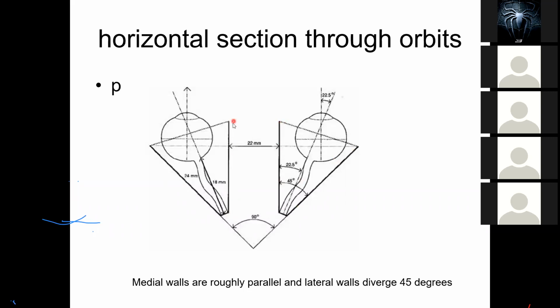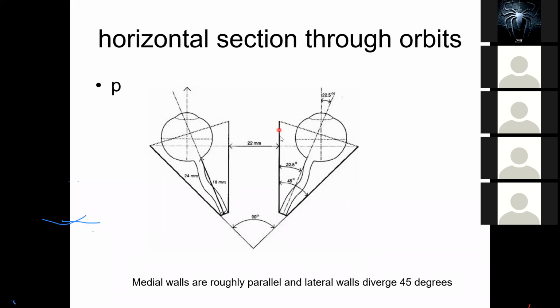Now you realize that the medial walls of the orbit are parallel. So this is one medial wall, this is another medial wall, and both of these are parallel to each other. And then the lateral walls will converge at an angle of about 45 degrees.